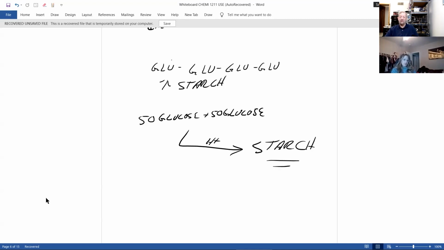Or cellulose in plants. And that's this glucose linked together. So you should know that glucose molecules are linked together by an acetal linkage to form starch.